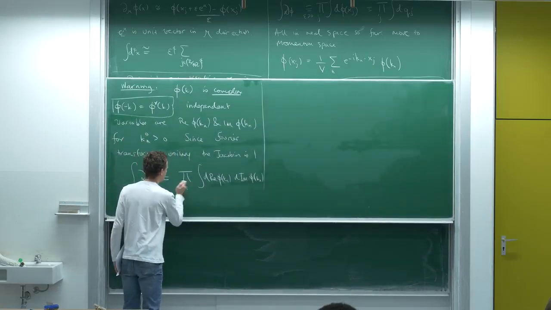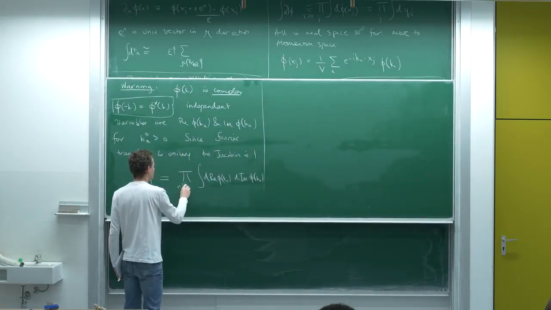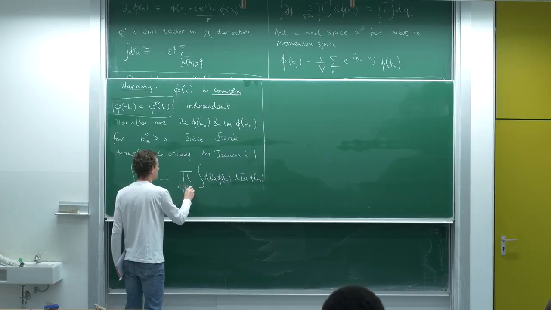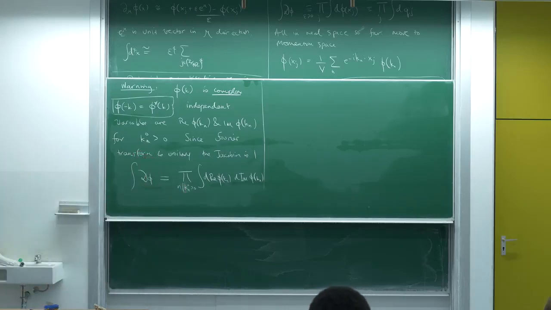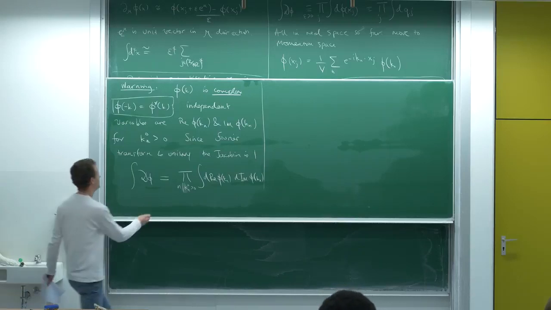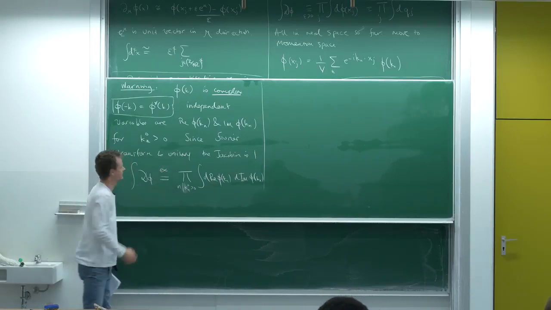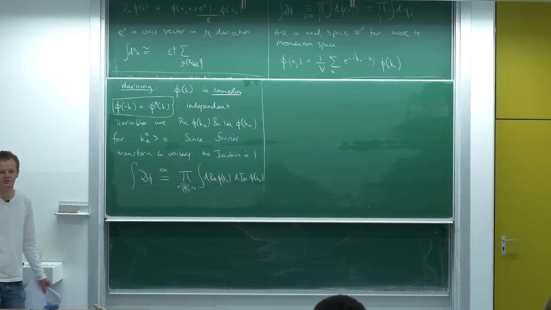But not over all variables, of course, only over those where the time component is greater than 0. So this is an exercise for you to confirm the Jacobian is indeed 1.